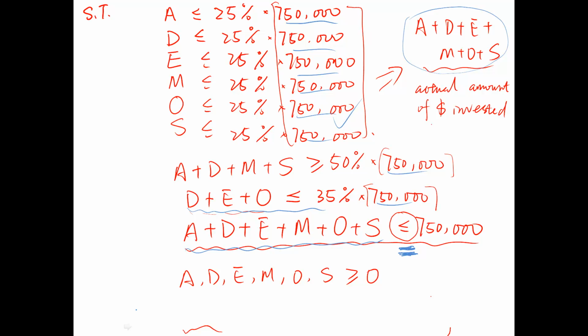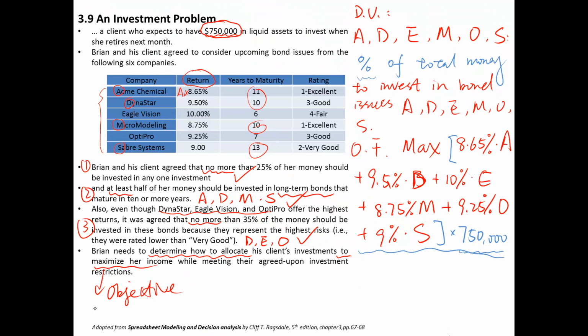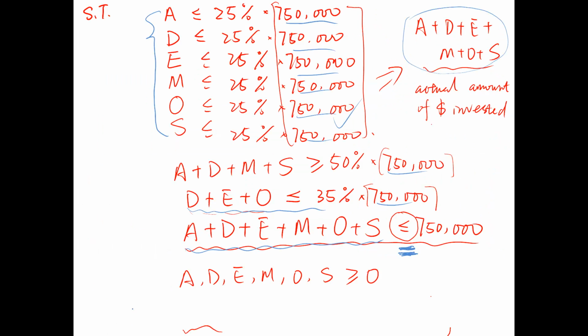Then the constraints. Now, our A, D, E, M, O represent the percentage of money that we put in these six different bond issues. And so the first group of constraints is taking care of this restriction here: no more than 25% of our money should be in any one investment. So the percent of money we put in A should be less than or equal to 25%, right?